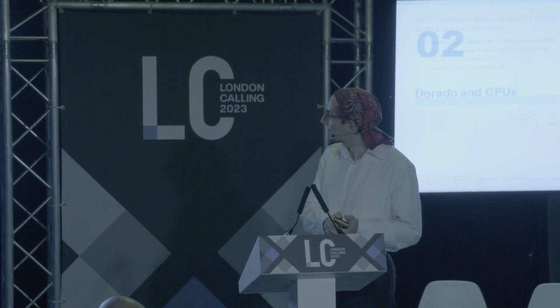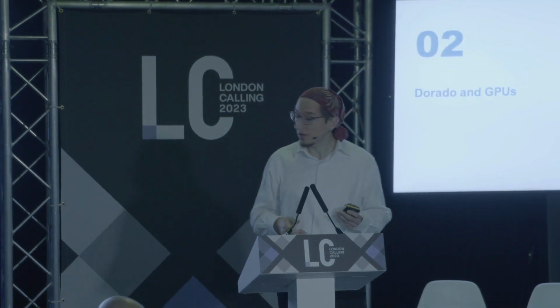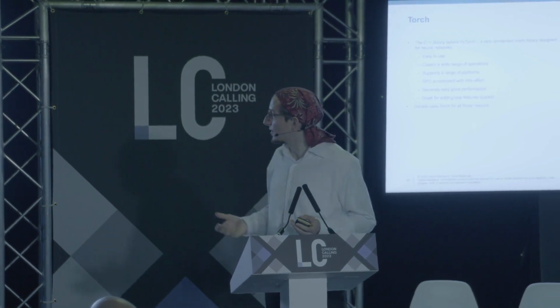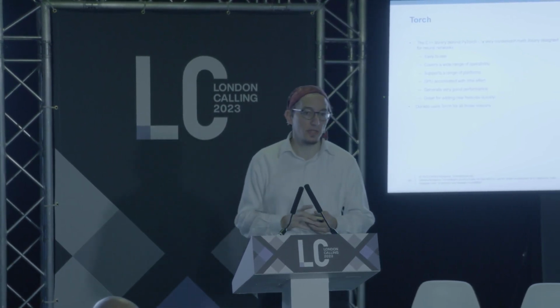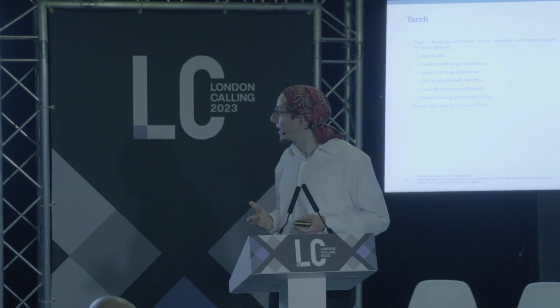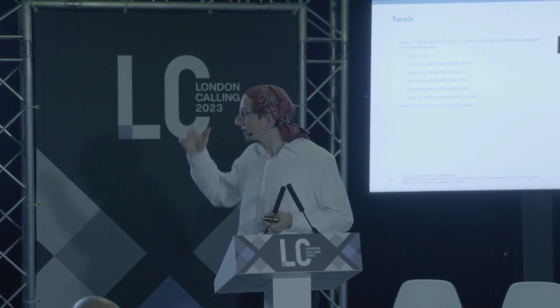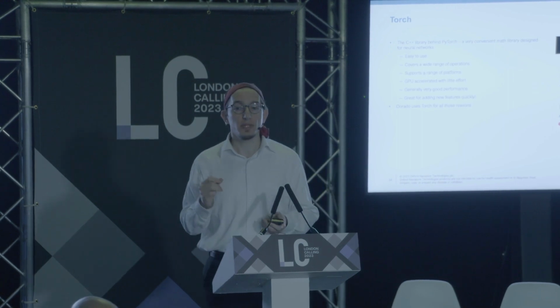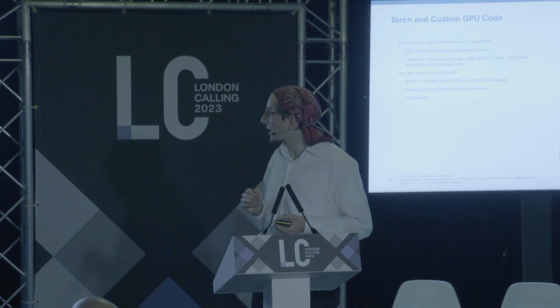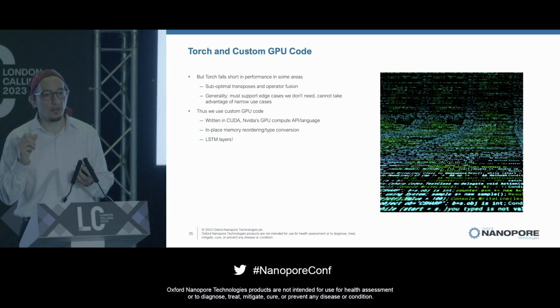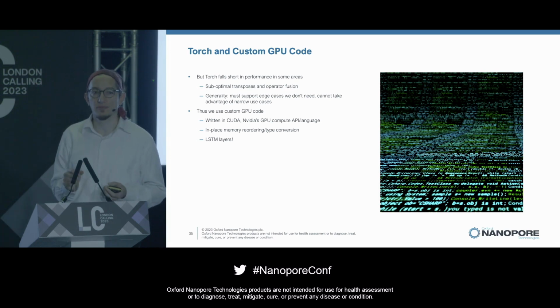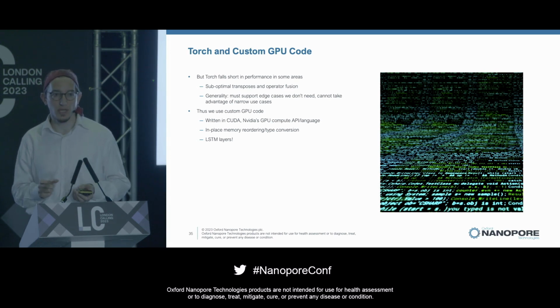Now I'd like to talk a bit about how we use GPUs in Dorado. So Mark already mentioned that we use the Torch library. We have many reasons to use Torch, but there's one thing that Torch isn't entirely great at, and that is performance in specific cases that we use.